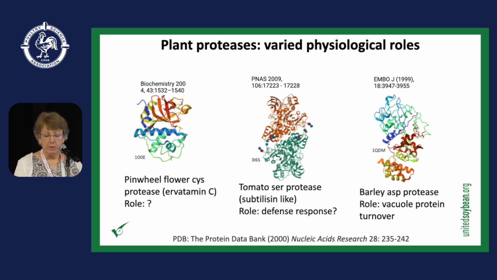There's the tomato serine protease, which is subtilisin-like. This is a nice example because it's a homodimer, and you can see the two subunits with the active site that lies in the cleft between them. It's probably involved in defense response. And then the barley aspartate protease that's found in the vacuole, probably involved in protein turnover.